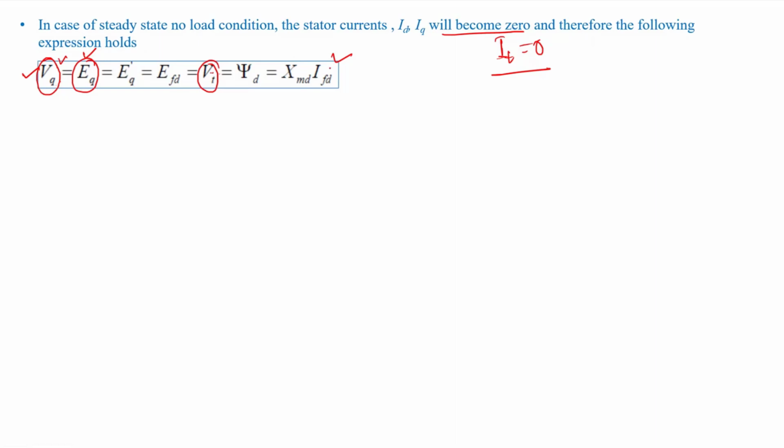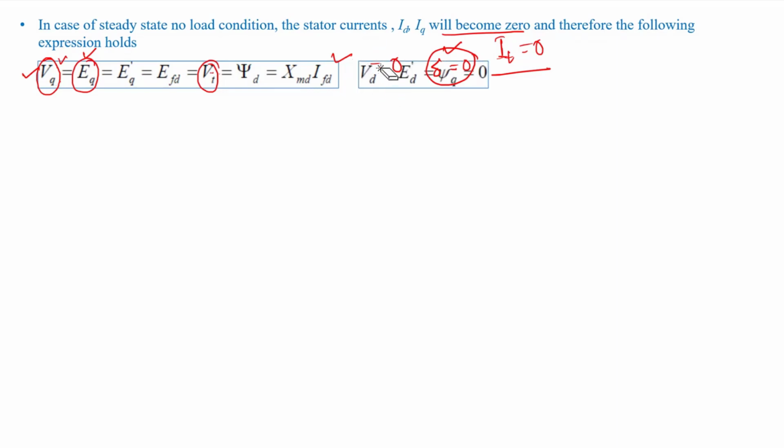That means your delta becomes 0 under this condition, right? So that means under no load condition, your load angle or rotor angle becomes 0. When the load changes from no load to a certain load value, then your delta increases gradually. Okay. So we must remember this, that under no load condition, your load angle or the rotor angle is always 0. Okay, therefore it is known as load angle, because as the load increases, this angle also varies, right?